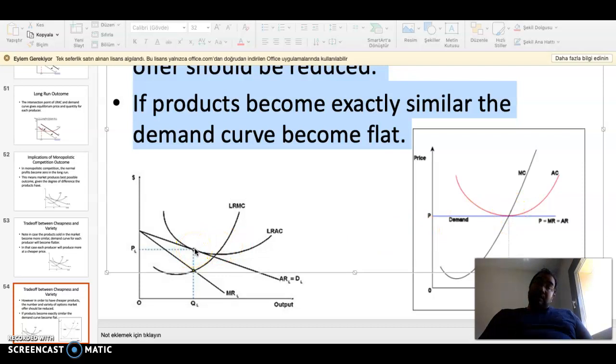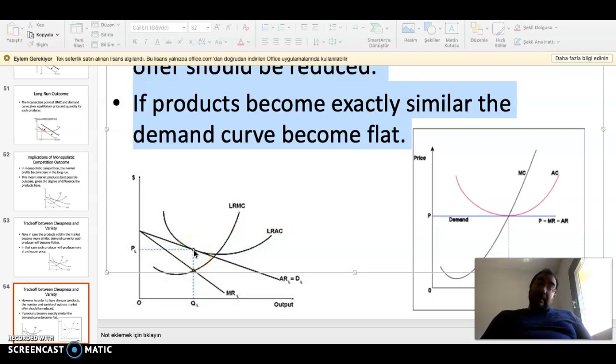If variety is important to us in a market, maybe for the clothing market, for example, or for movies, then by passing from the perfectly competitive market to monopolistic competition, we are gaining something, which is variety.